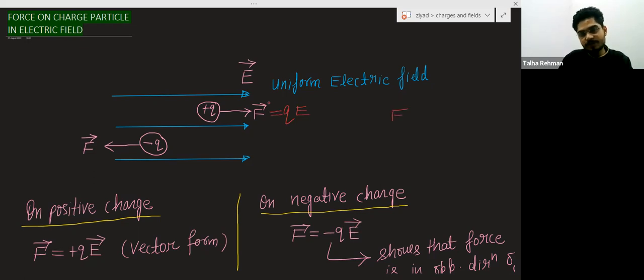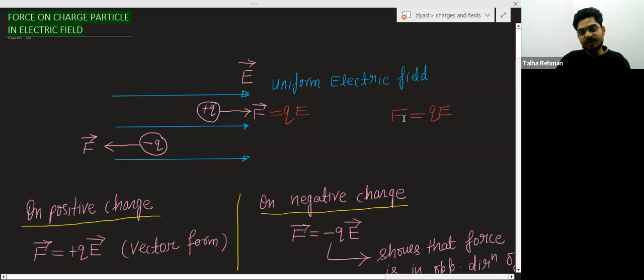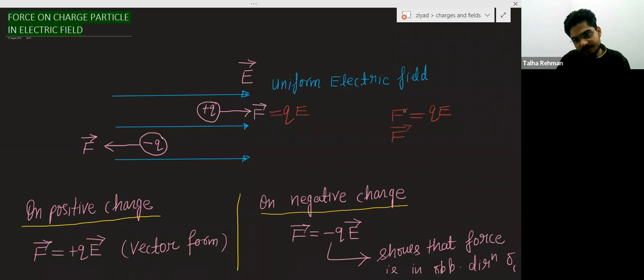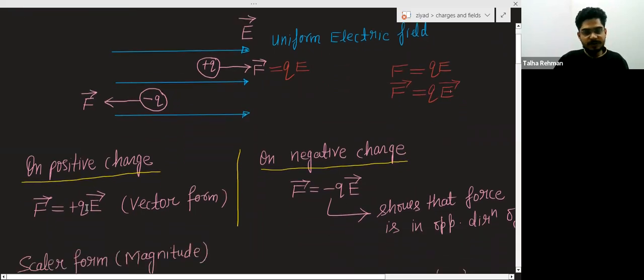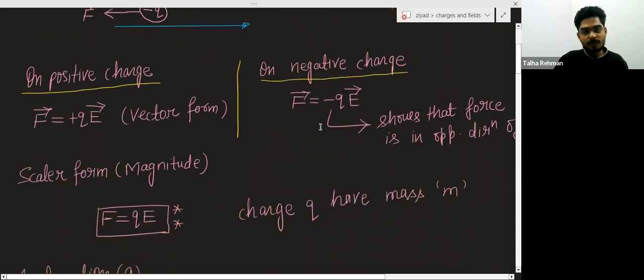If you want to write this in vector form, force vector is equal to Q into E vector, since charge is a scalar and electric field is a vector. So F is equal to QE is the magnitude.